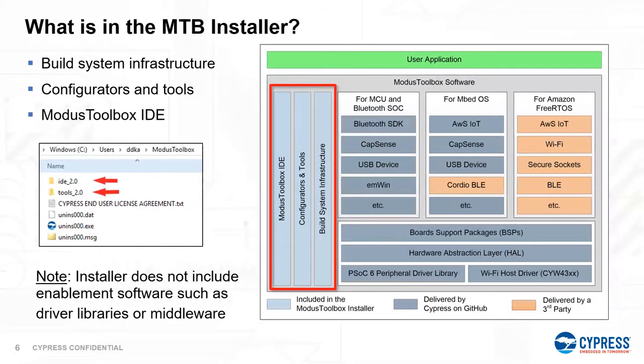So when you install Modus Toolbox, what do you get? As part of the prerequisite for this training, I sent out a document asking you all to install Modus Toolbox and have a look at it. If you looked into the Modus Toolbox installation directory, you would have noticed that there are two folders.